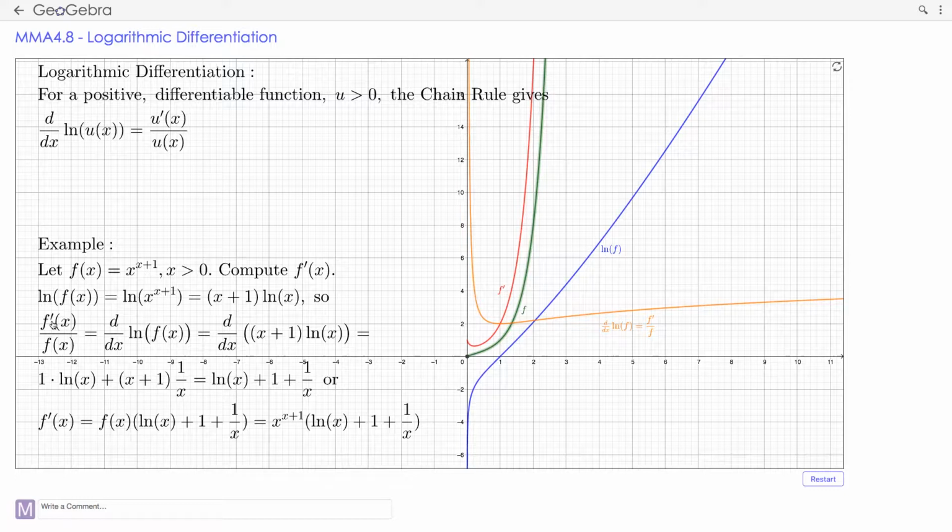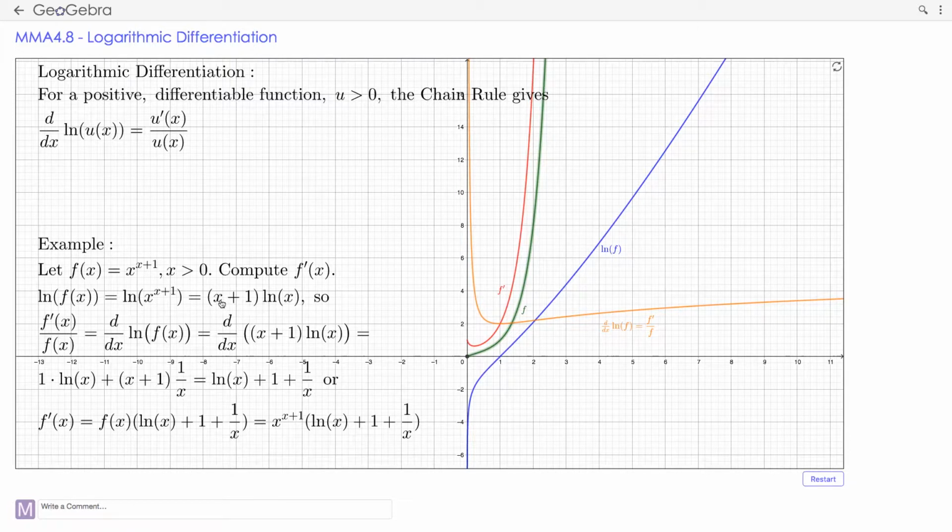We knew from up here that if we had a positive function, and clearly this is a positive function, except at 0, but we exclude 0, then if we take the logarithm and differentiate, we get something like this. So f prime of x over f of x is the same as the derivative of this. And then we just use the product rule, as I said.